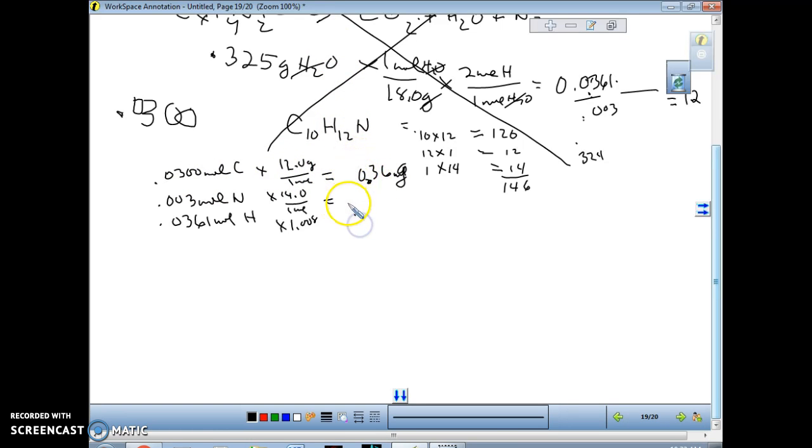Sorry about that. And then 0.003 times 14 is 0.042 grams. And then the H is 0.0361 times 1.008, and we get about 0.036 grams. So that was this answer in there.